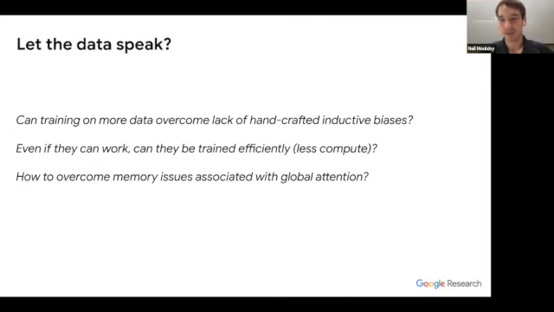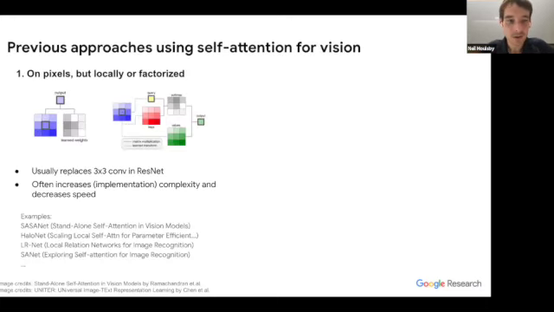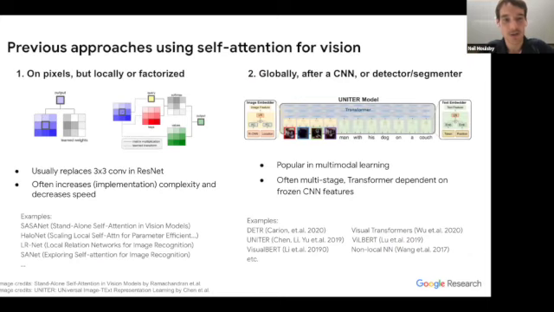And then finally, obviously, the quadratic compute and memory constraints of transformers is something that is always there, and a potential problem. So just to highlight that, we weren't the first to try self-attention in vision.